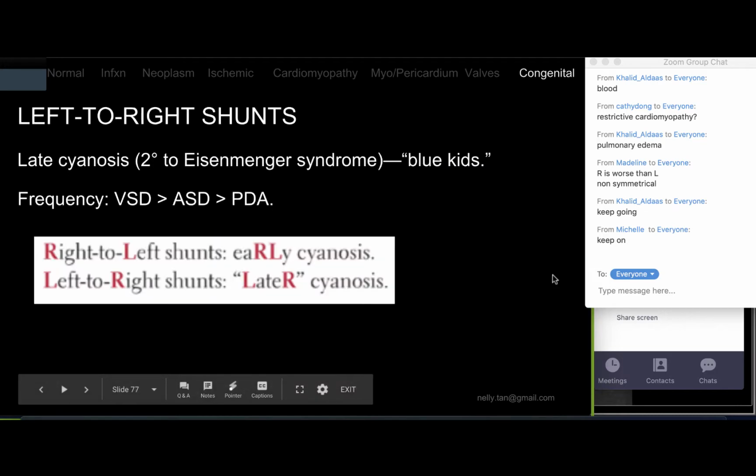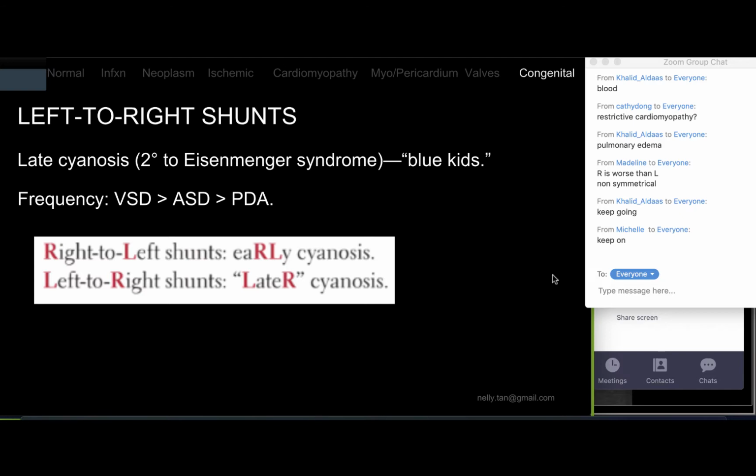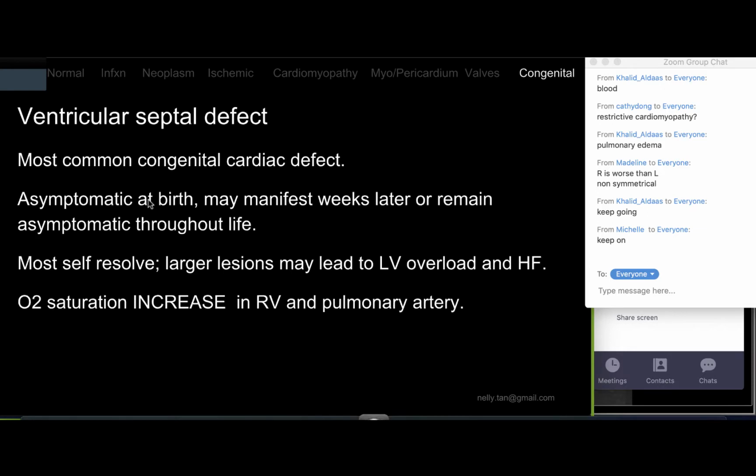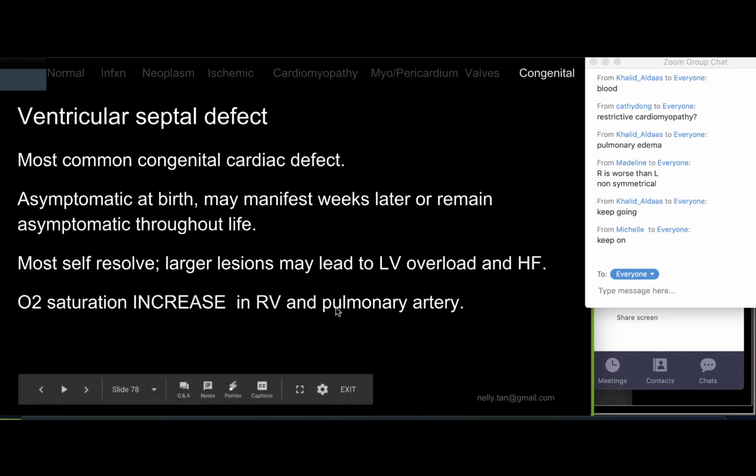Okay, so now left to right shunts, we said, is mixing of oxygenated with non-oxygenated blood, so you typically get late cyanosis because after they have compensatory Eisenmenger syndrome, most commonly due to VSD, they may not be identified at birth because it's mixed blood, but over time the right heart becomes bigger, and then that can lead to right heart failure.